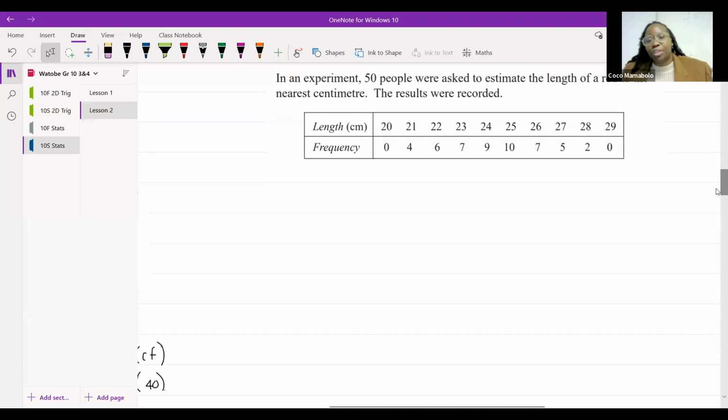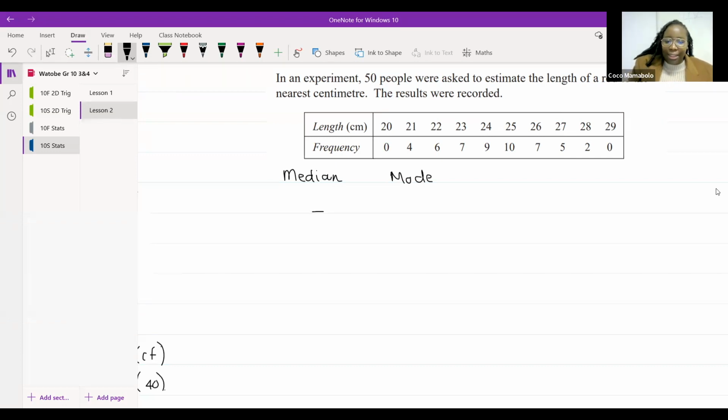All right, if we have to find the median and the mode, we are not going to find an interval for any of these. We're going to find an exact answer for each of these. So we're going to put this into our frequency table, and calculate for the mode and for the median.